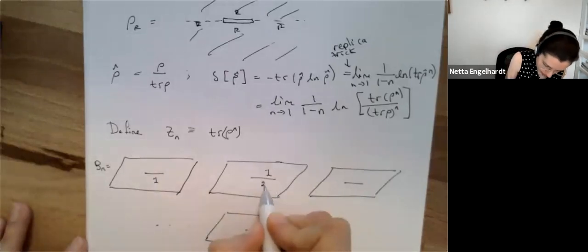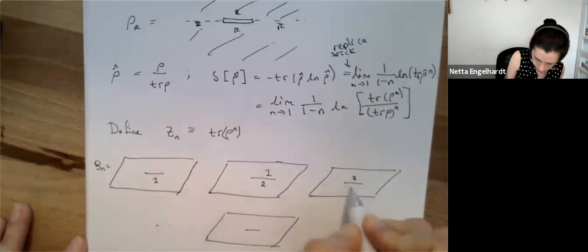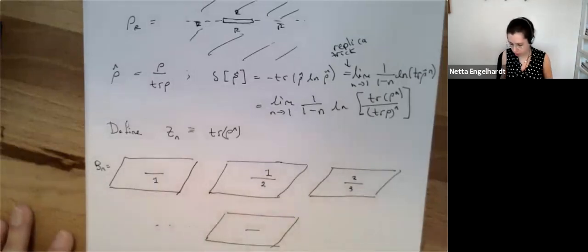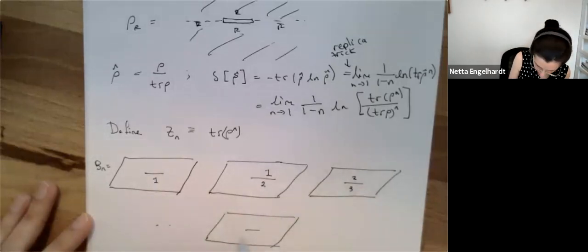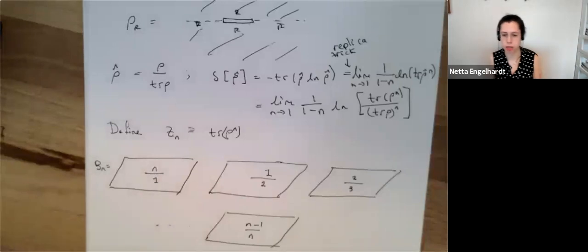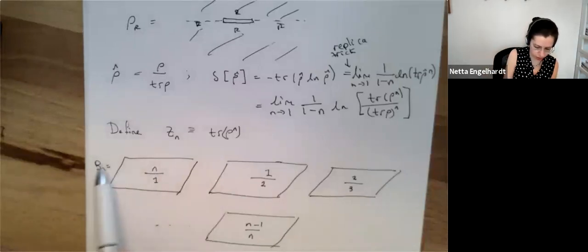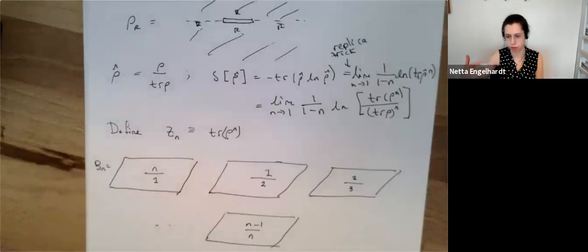The bottom of this cut is going to be identified with the top of this cut, and so on. Then this one is going to have an n minus 1 and an n, and it will be identified here with this n over here. So Z sub n is the replicated manifold that we're going to be thinking about. And I use B here just to remind you that this is, at the end of the day, an asymptotic boundary, and we're going to be interested in finding the bulk dual to it, the bulk solution for that.